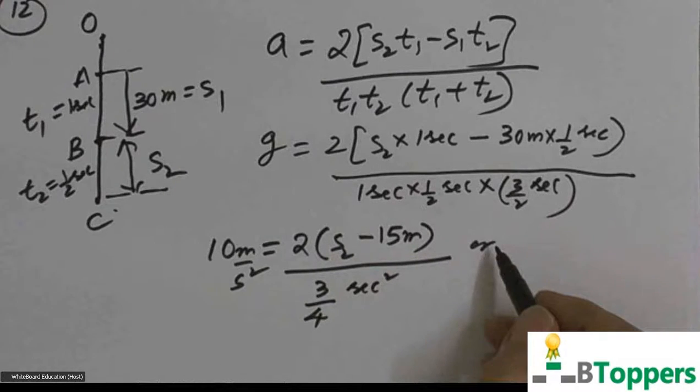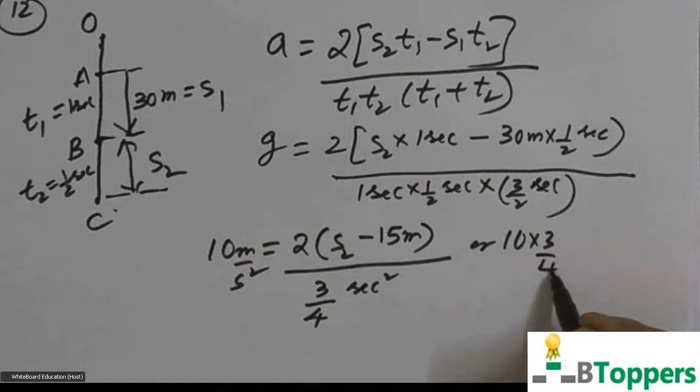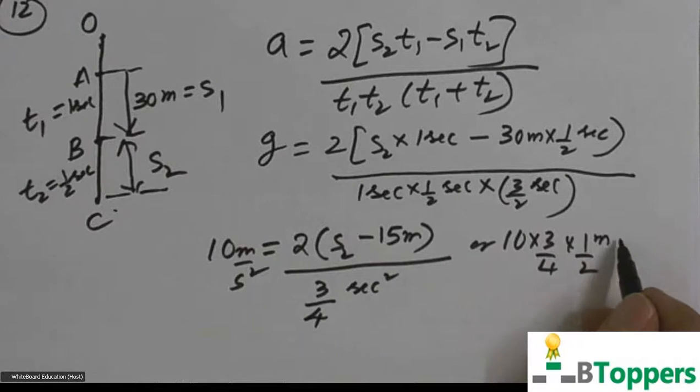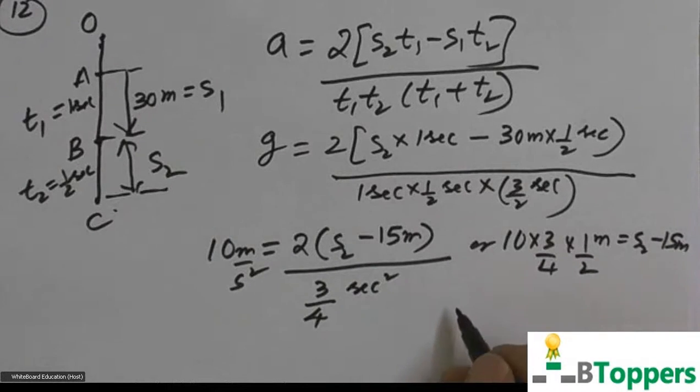You can simplify it further here. Get 10 into 3 by 4 into half meter equal to S2 minus 15 meter. You can simplify this yourself.